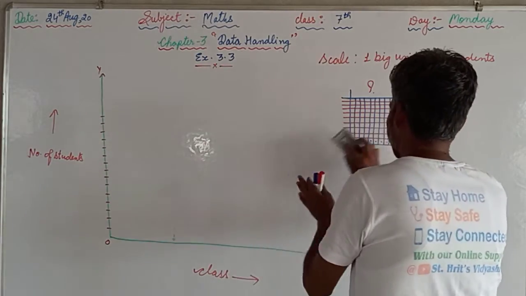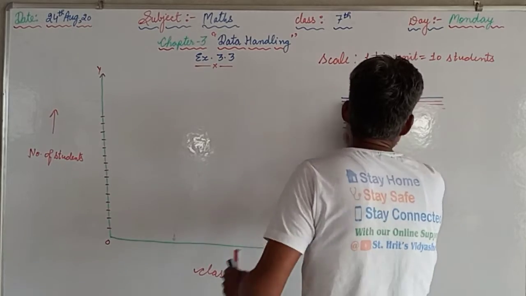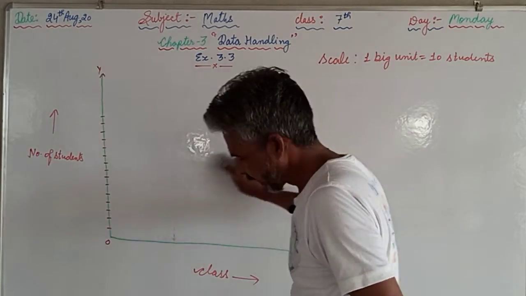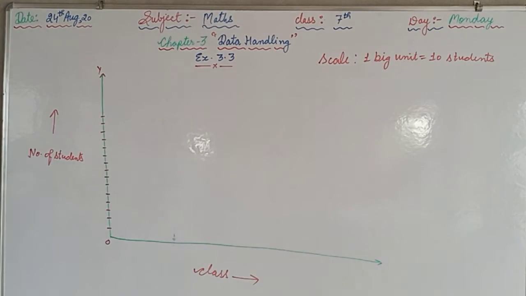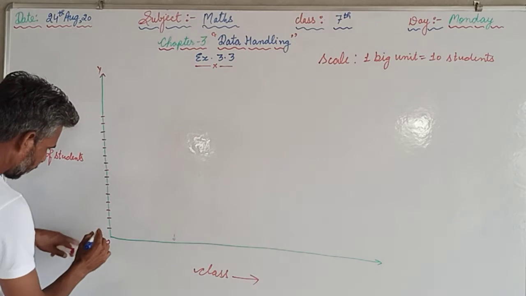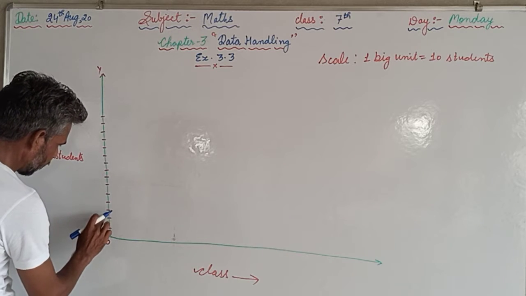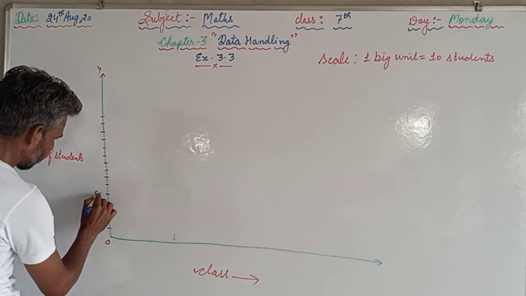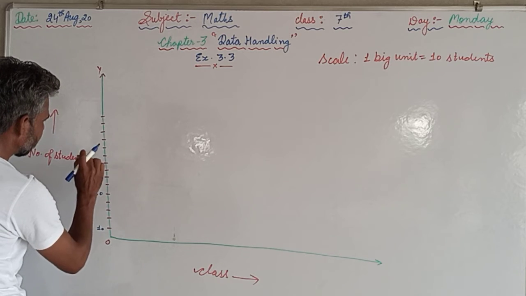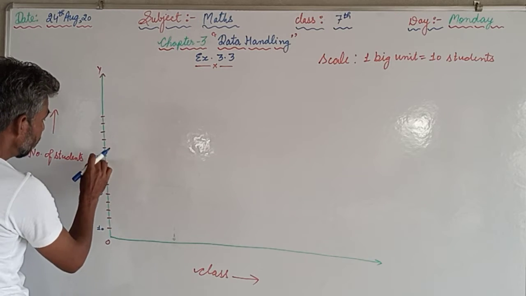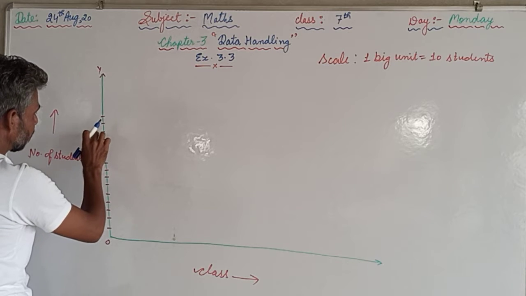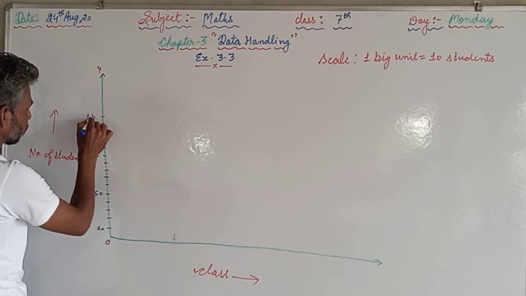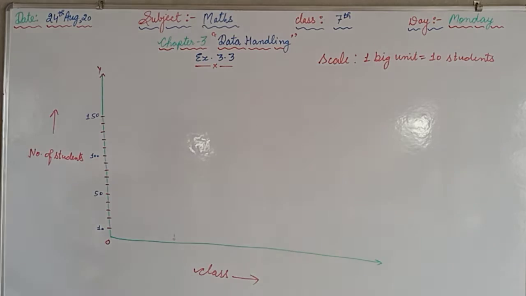Afterwards you are supposed to mark 10 after each unit. So here 10, then 20, 30, 40, 50, then 60, 70, 80, 90, 100, 110, 120, 130, 140, 150. Like this you can mark.